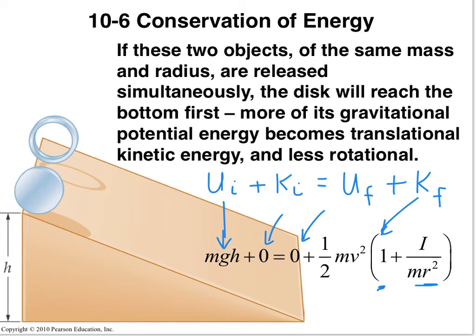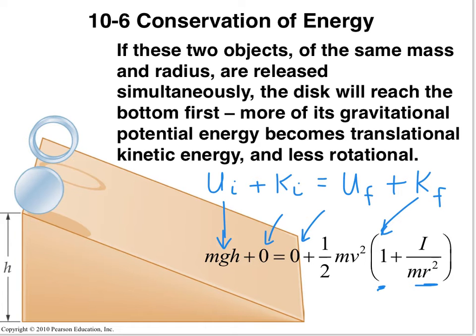If you use I as mr squared over there, then I over mr squared would be 1. So 1 plus 1, you have 2 there. Now, if you use the disk, I is 1/2 mr squared. So 1/2 divided by itself, you get 1 plus 1/2. So it's a different factor, okay?